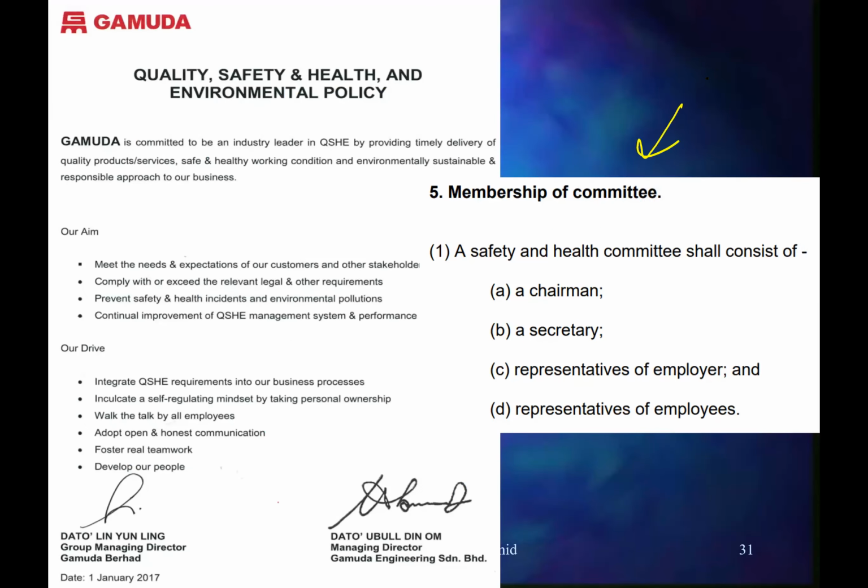Under the OSH law, membership of the committee should comprise a chairman and a secretary. If an SHO is already in that premises, then the secretary should be the SHO, or people who are well versed about safety more than the others. And then representatives from the employer and employees.